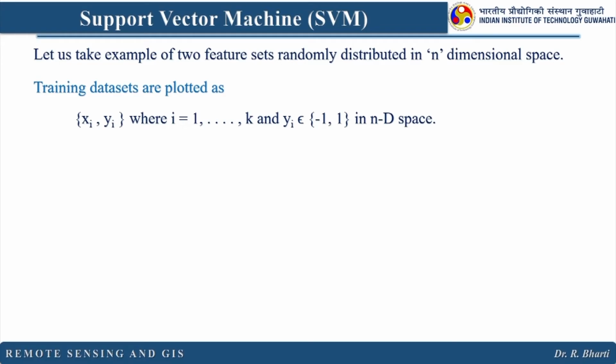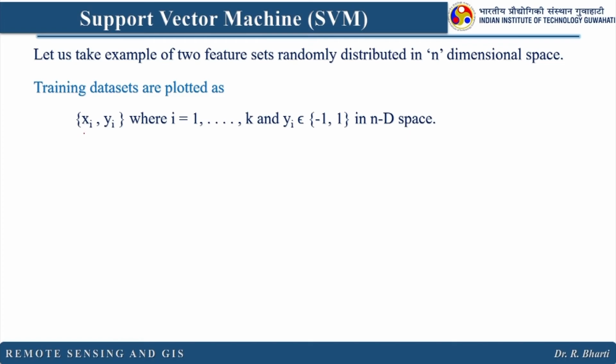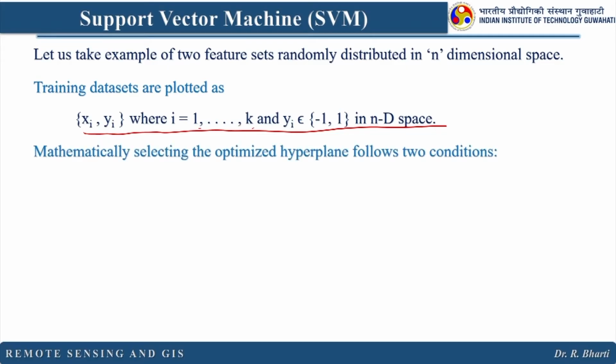Let us take an example of two feature sets randomly distributed in n dimensional space. Training data sets are plotted as this, where i is 1 to k, in n-dimensional space. Mathematically, selecting the optimized hyperplane follows two conditions.